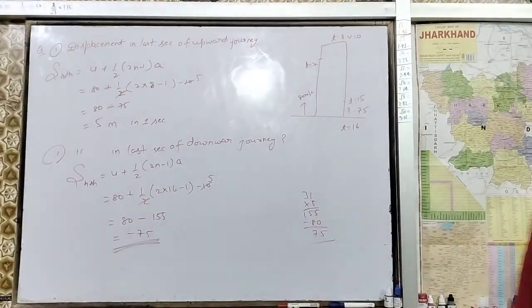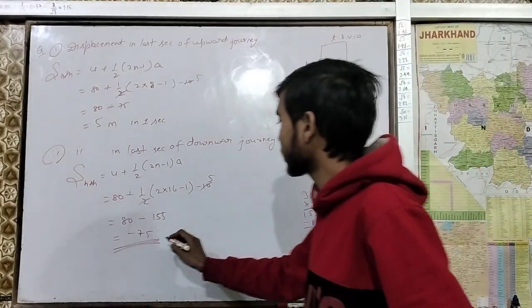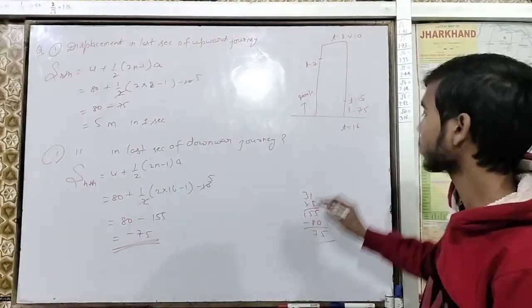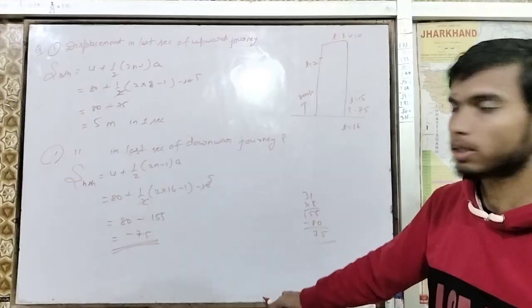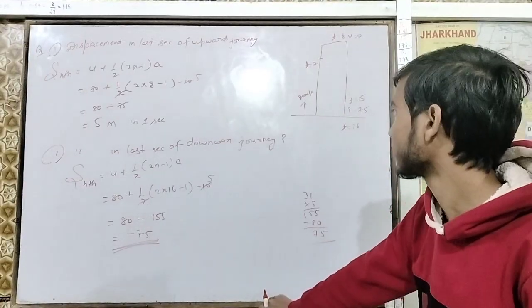Minus 75 is our displacement. It is not a distance. This is not a distance. Okay, this is your minus 75. Minus came because we have displacement.